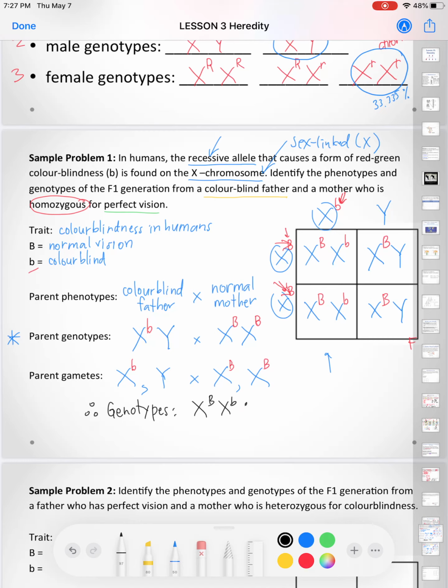Okay, because we have a 2-to-2 ratio going on here, and what do we have to do? Reduce.